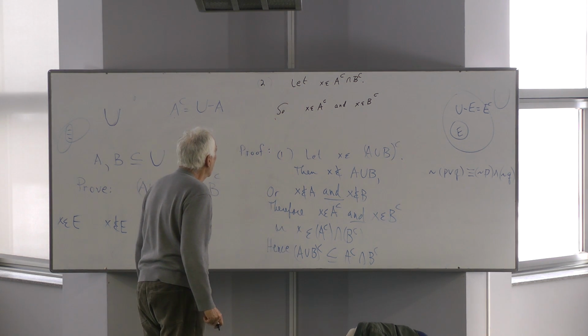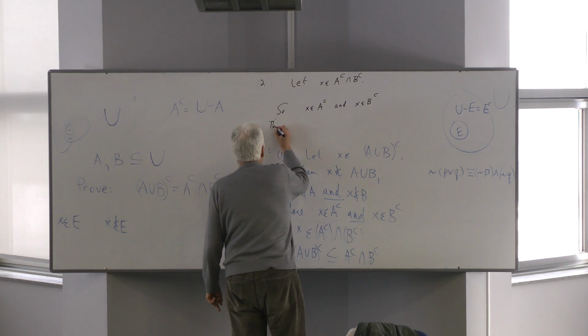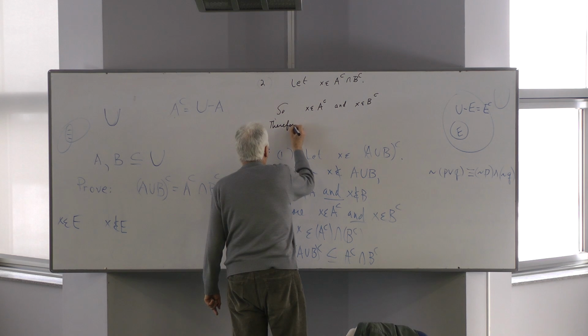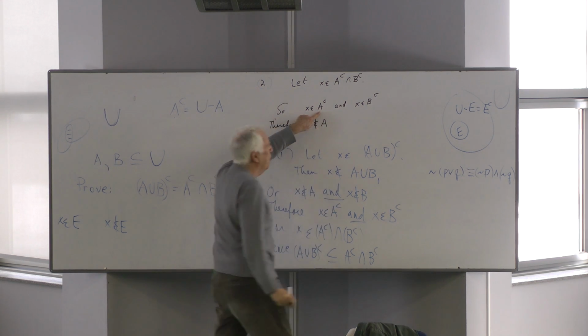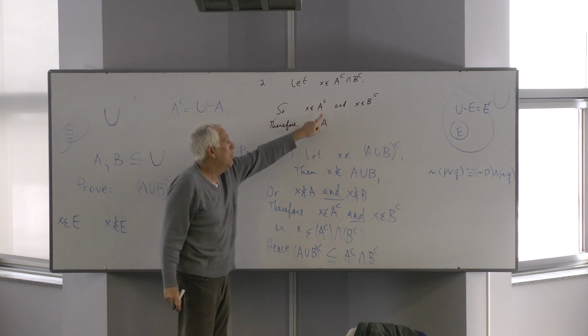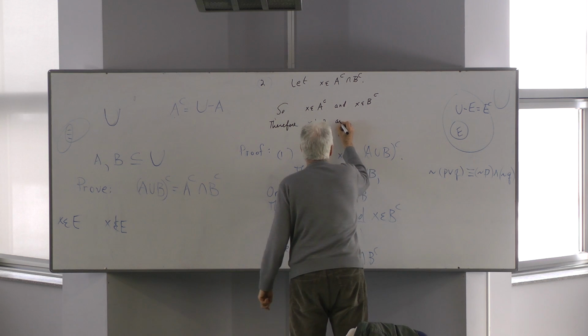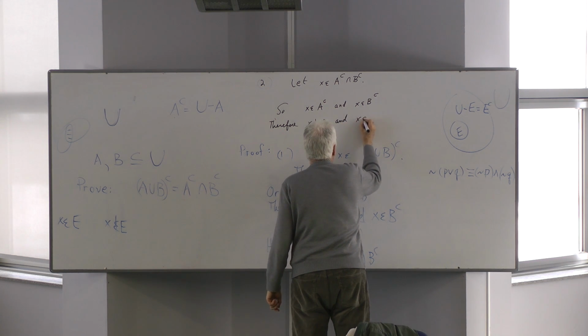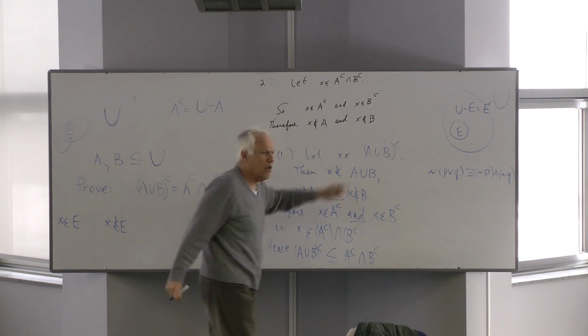Beautiful. Okay, you're here, you're there. So, therefore, if you're in the complement, you're not in the set. If you're in the complement, you're not in the set, and X is not in B. So you're in neither of the sets.